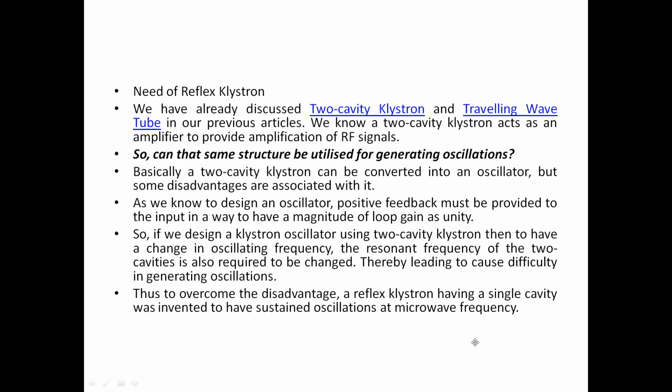That's why I mentioned this point: a two cavity klystron converted into an oscillator. Some disadvantages are associated with it. A proper feedback mechanism is required to the input cavity, with loop gain of unity magnitude.